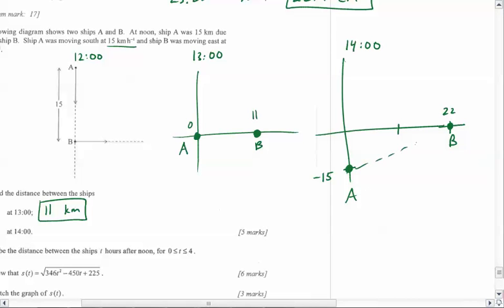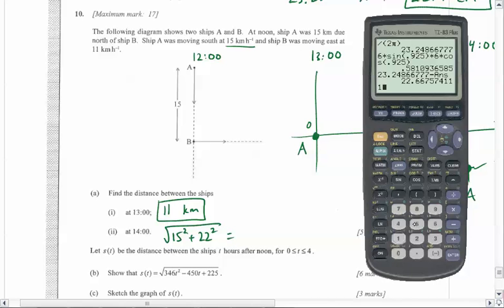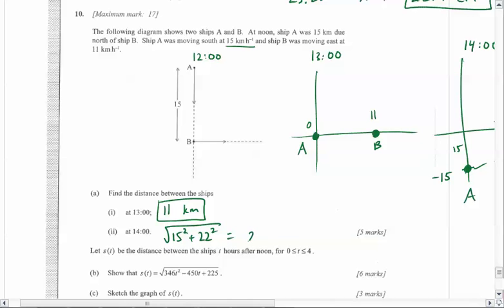So the total distance between the ships at that point is just 22 squared plus 15 squared, square rooted. So 15 squared, 22 squared is 26.6 kilometers.